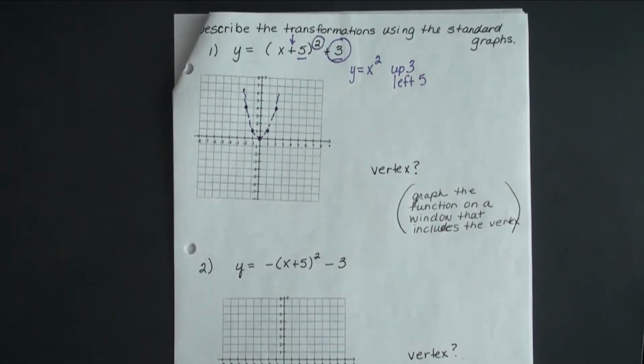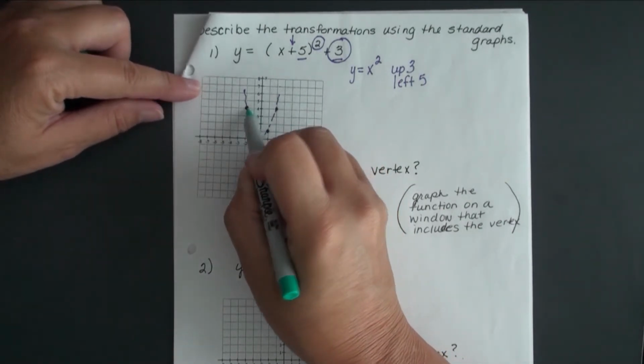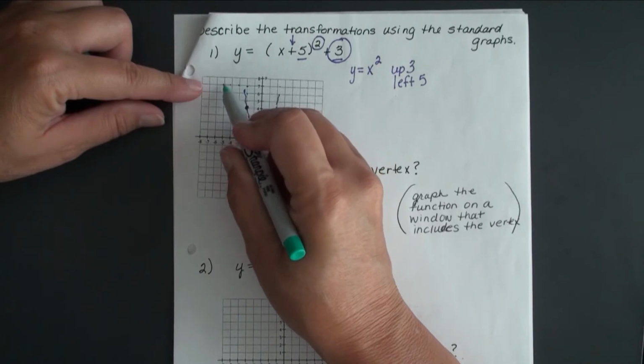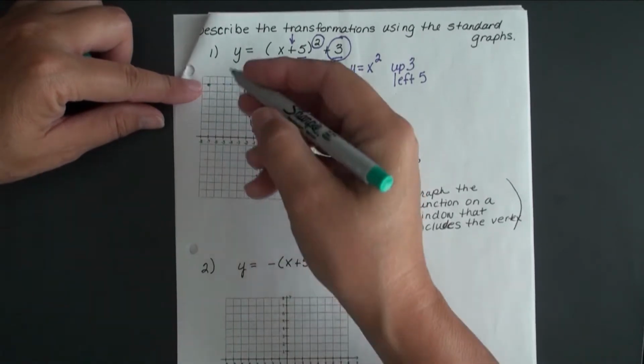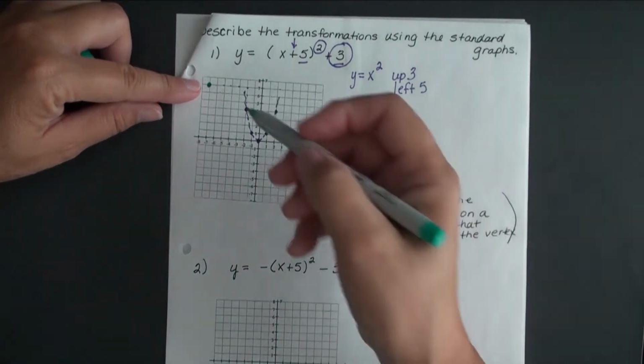And what I want to do is take each point and move it up 3 and left 5. So I will start with this point right here. I'm going to go up 3 and left 5. And that's where the point on my new graph will be.